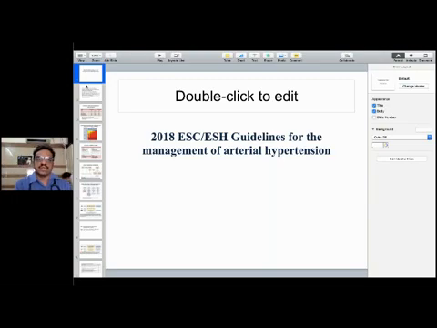Before starting the main salient features of these guidelines, I would like to highlight a few points about hypertension and the global burden it is having. Hypertension in any country, whether it be rich, poor, whether in Southeast Asia, Pacific areas, Europe, only 40% of the patients of hypertension are really diagnosed.